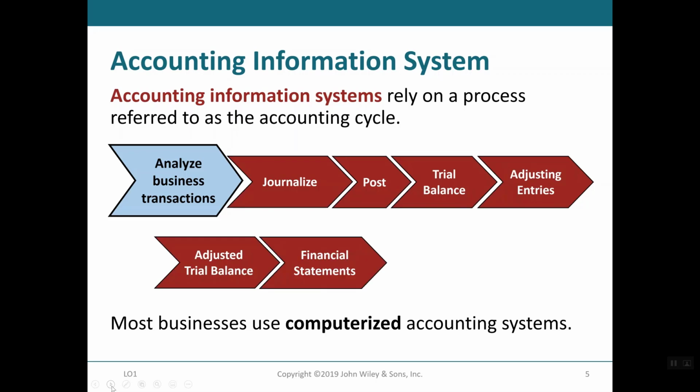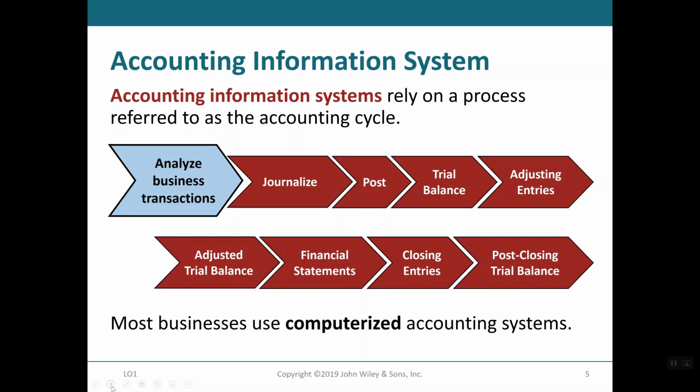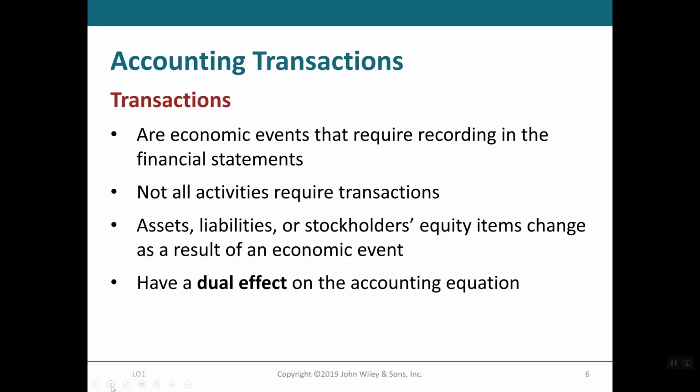We have the financial statements, closing entry, and the post-closing trial balance. So 9 of them in total. As we all know, in the real world, most businesses use computerized accounting systems such as QuickBooks.